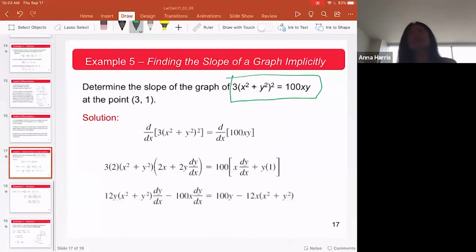Okay, let's do that problem. Can somebody write this down so we can do it together? 3 times parentheses x squared plus y squared, everything to the square power, equal to 100xy. Write that down so we can do this problem together. That's the last lesson for today, and then I'll give you some homework and we can go over some homework problems.